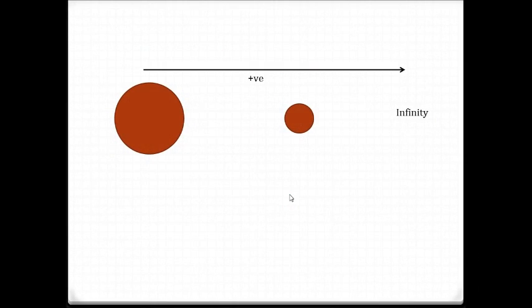Now, there is a bit of a problem though, because GM over r is not correct, as I will hopefully explain with this diagram. So we now have a system, if you like, where infinity is 0 and everything refers back to infinity. So we have the positive running from the object towards infinity. So that direction is positive.